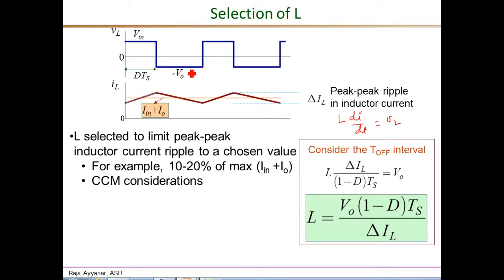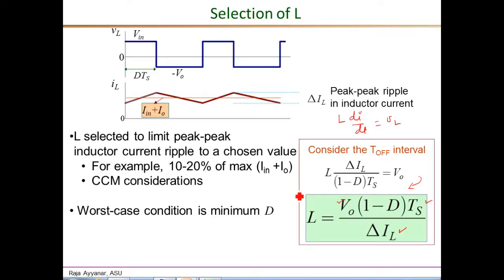Therefore, considering, for example, the off interval, di is delta IL, the duration dt is 1 minus D Ts, the off interval, and the voltage across the inductor during the off interval, its magnitude is VO. So from this expression we get the required value of L for a given delta IL to be VO times 1 minus D Ts over delta IL. So again, VO, Ts and delta IL, once we have selected the value, are all constants, and only the 1 minus D term varies with the variation in the input voltage.